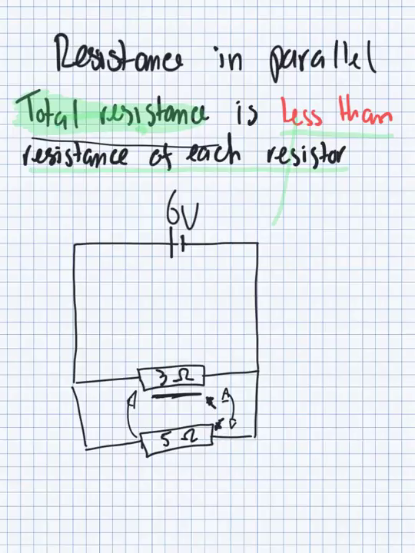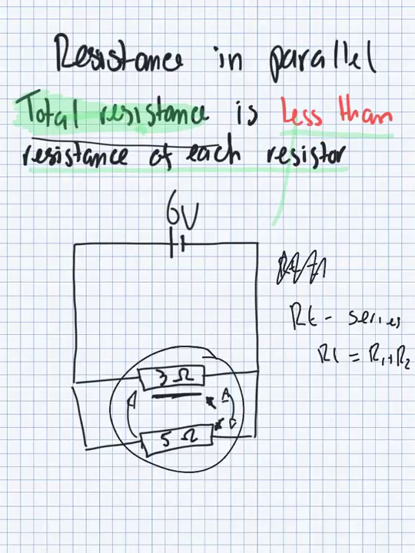You don't even need to know the formula for your exam on calculating resistance total in parallel. We only need to be able to calculate resistance total in a series circuit, so that RT equals R1 plus R2. You won't be asked about calculating total resistance in a parallel circuit, so don't worry too much about that.